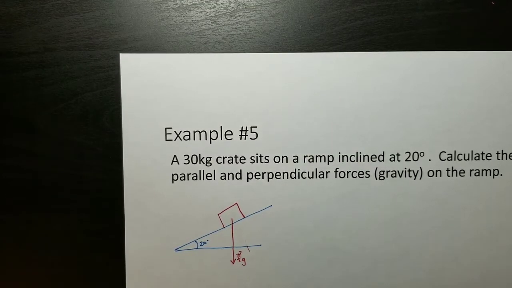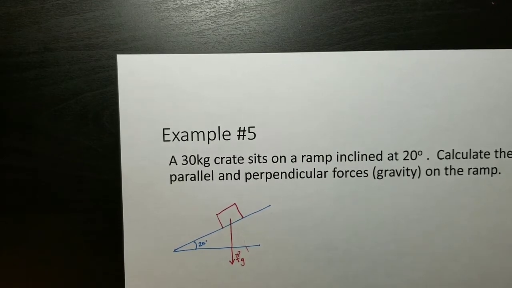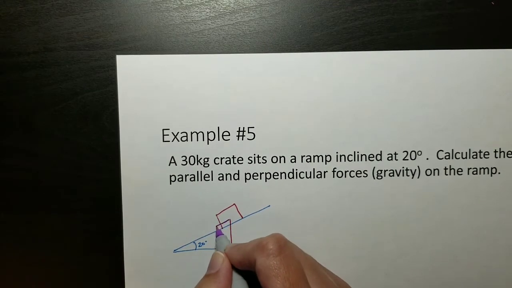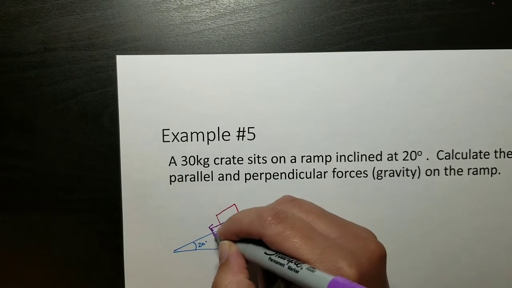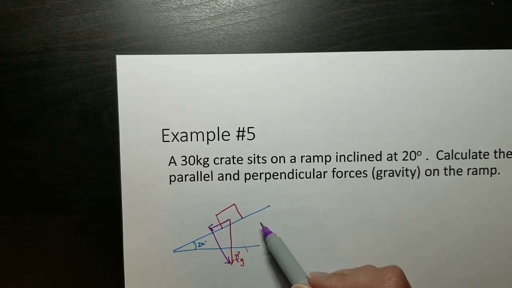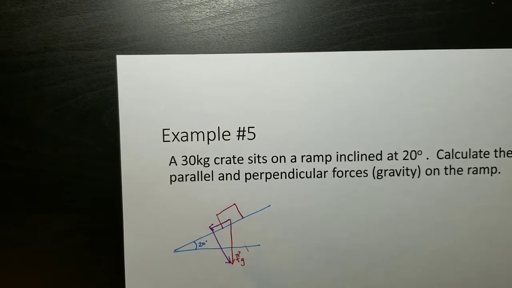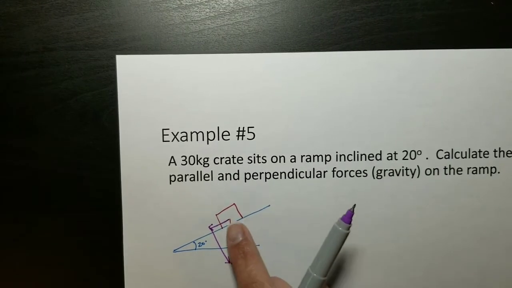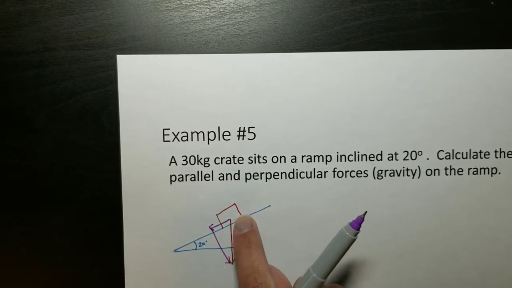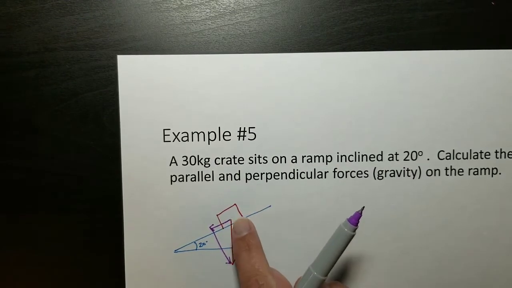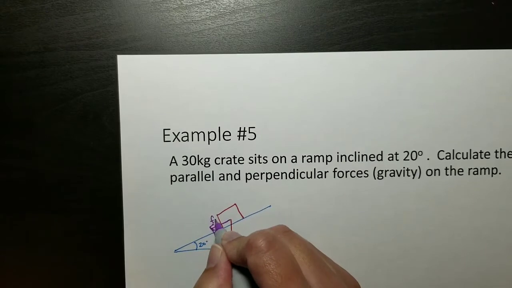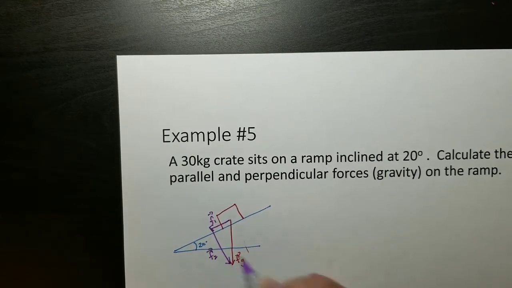So if we want to make it component forces that are parallel and perpendicular to the ramp, I'm going to draw this force here and this force here, and these are the component forces of gravity. There must be opposite forces of these if it's not moving, but it doesn't actually specify that. If this was in equilibrium, there would be component forces, probably friction going up the ramp, and a normal force acting upwards here. But I'm going to label this F1 and F2.